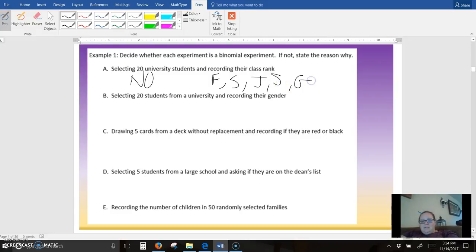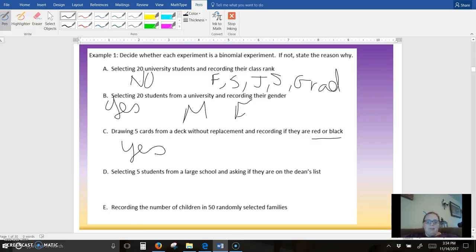You'd maybe be a grad student. Okay. If you ask those 20 students about their gender, it is, because you can be male or female. 5 cards from a deck without replacing and recording if they're red or black. So all we're looking for is not if it's a face card, not if it's a number card, if it's just red or black. So yes, because it's red or black.